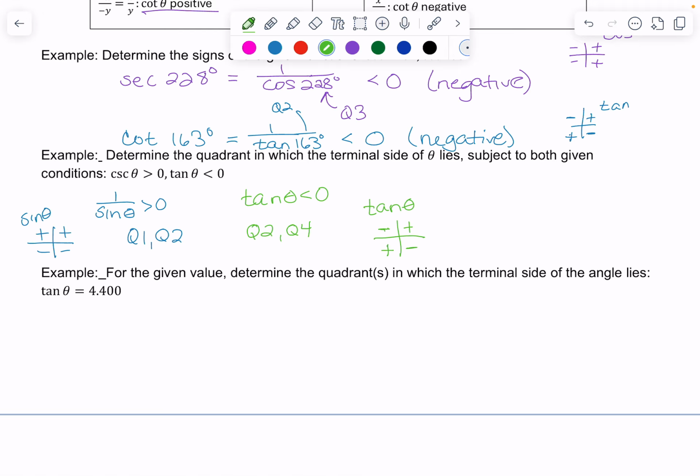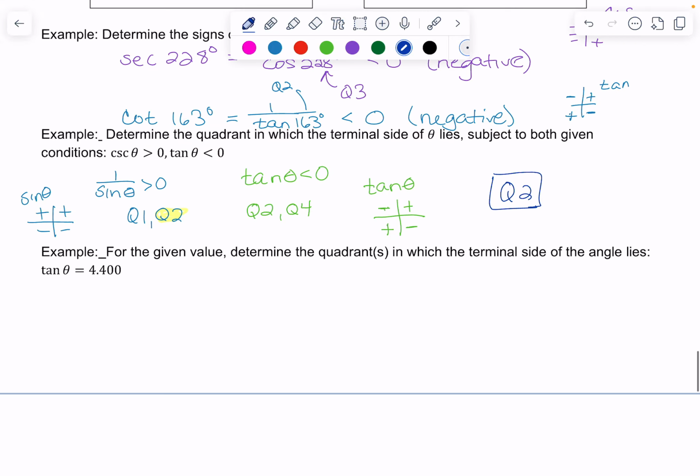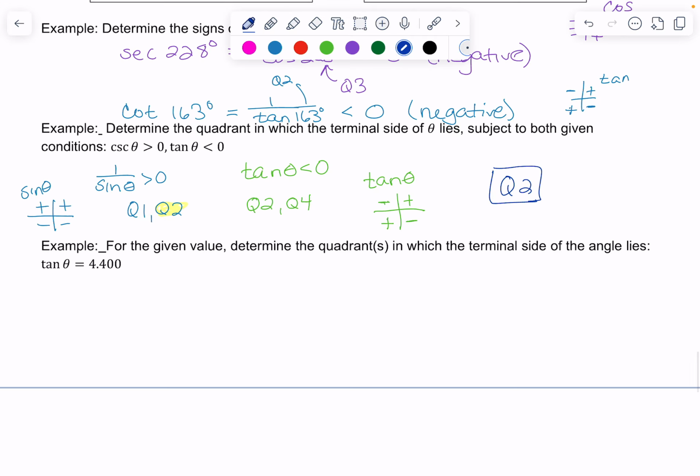So when I look at what's in common here, I notice that both of them have Q2, so I'm going to say this must be in quadrant 2 for both these things to be true. All right. Not too bad. I really encourage you to make the quadrant graph. It really, really helps. It helps you think, and then you can write down the two where it works.